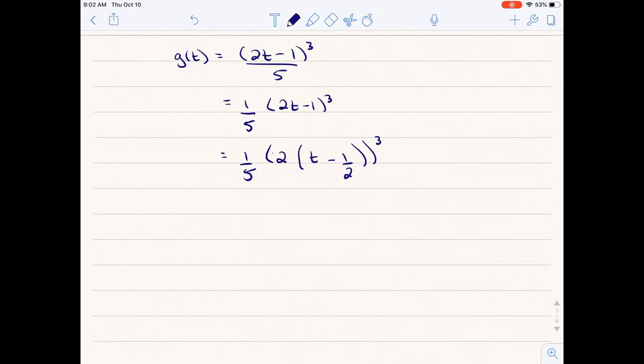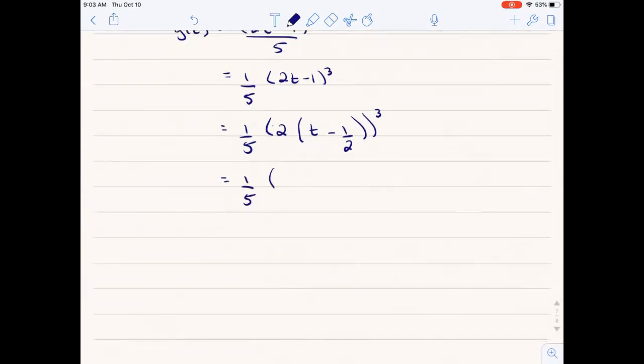But because we're multiplying 2 terms, we can bring that 3 power on top. So we get 1 over 5 times 2 to the power of 3 times t minus 1/2 to the power of 3.